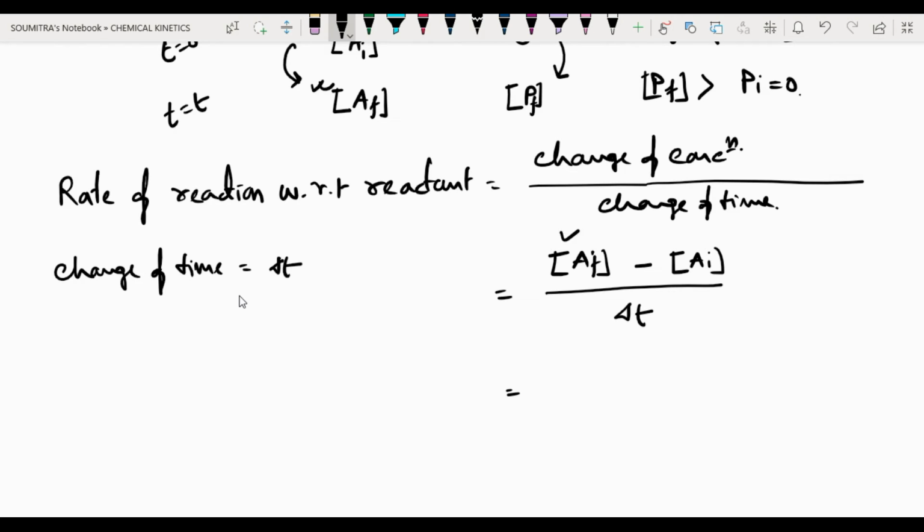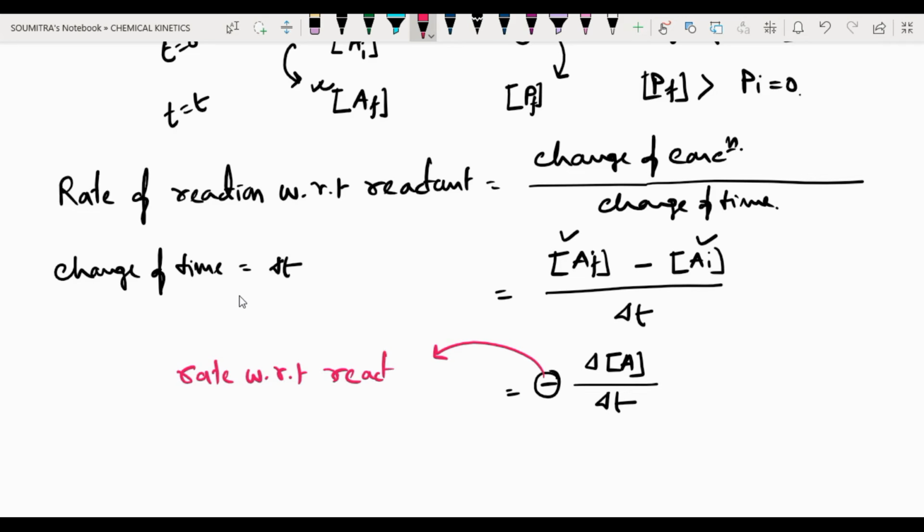Now remember, as A final is less than A initial, we will get the result as negative delta A by delta T. Always remember, the negative sign means rate with respect to reactant.